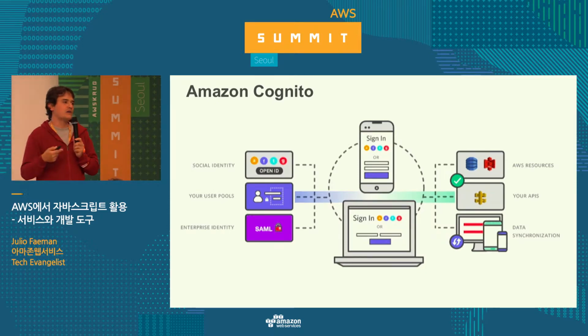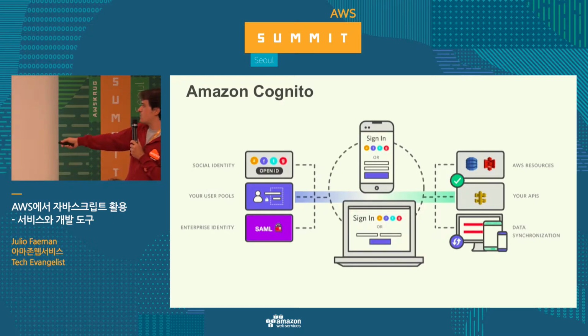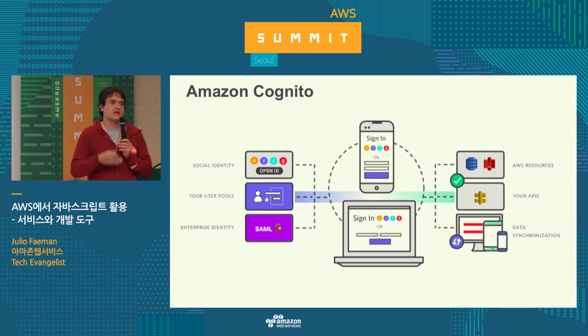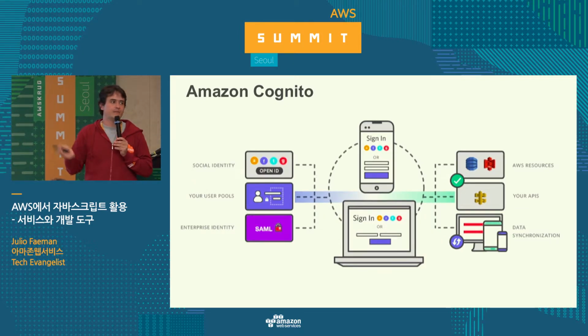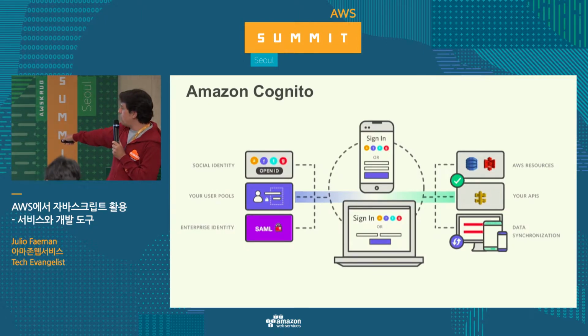Cognito also supports having your own registry of users. That's called your user pools. And once you have that, your credentials are managed securely by Cognito using JSON Web Tokens, encryption, and the best security AWS can offer. And also, as a bonus, you have data synchronization.